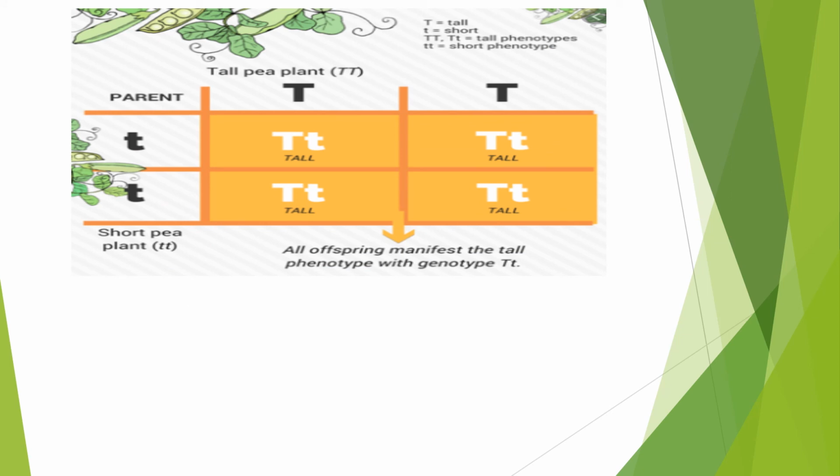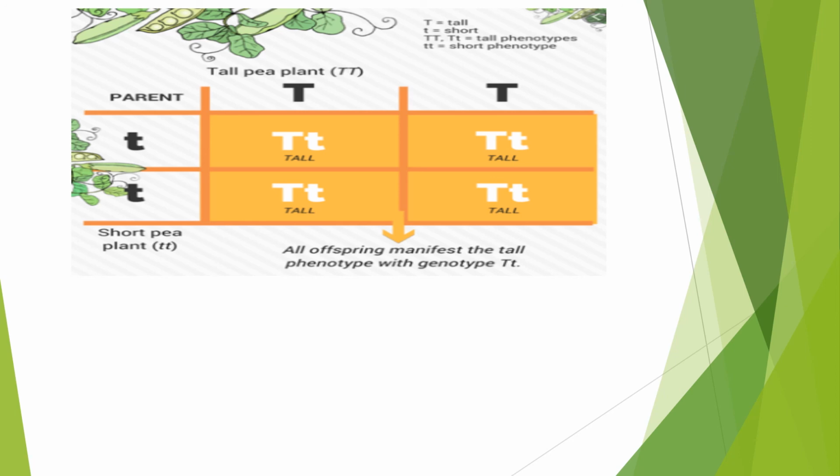Now here I have taken a picture. In it I have taken the parents. The first parent is capital T capital T, the tall plant, and the other is small t small t, the dwarf plant, and these are the P generation. When we cross them, I have made a square in front of you. In the square you can do it very easily. First take the capital T and the small t, and put what you get in the square.